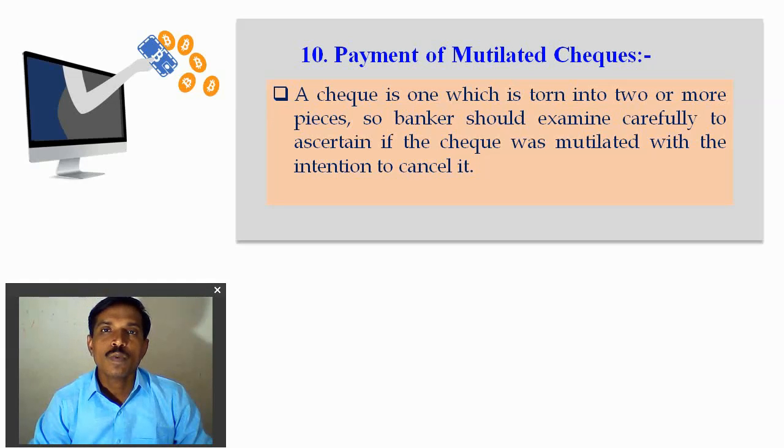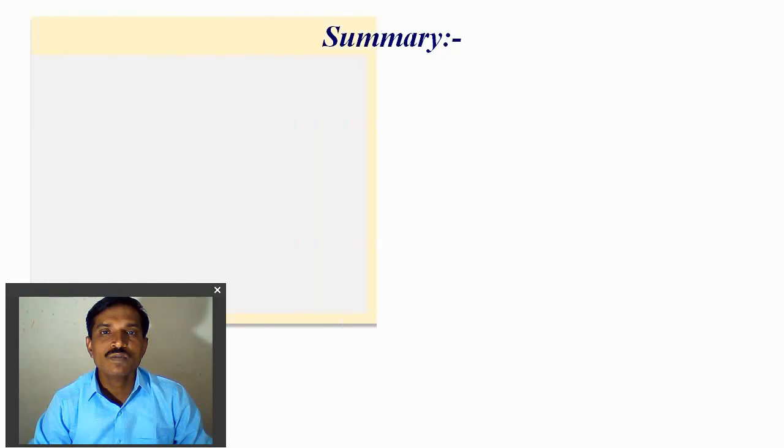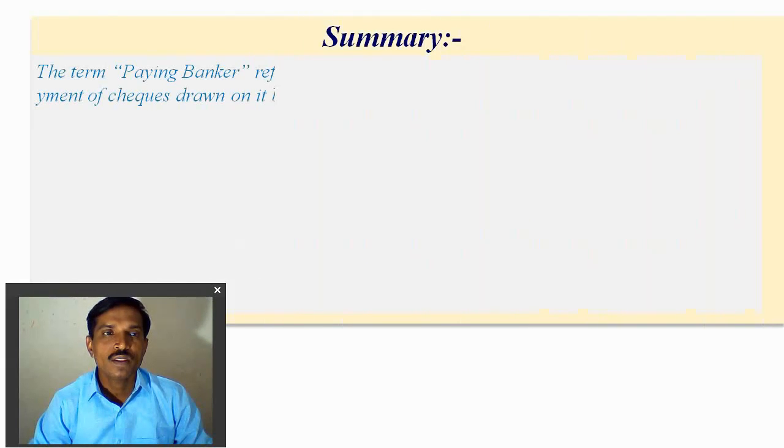Sometimes the drawer intends to cancel the check, so he tears it into two or four pieces, and somebody joins these pieces and presents the check for payment. It is a fraud. So the bank will check the payment of a mutilated check. These are the things we are looking into in this lecture.